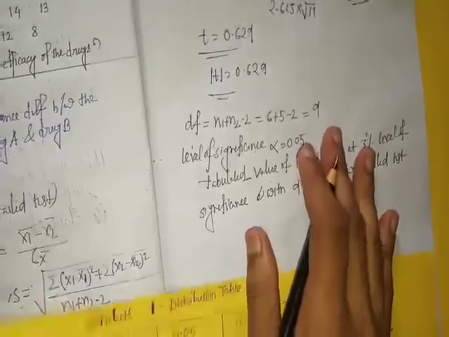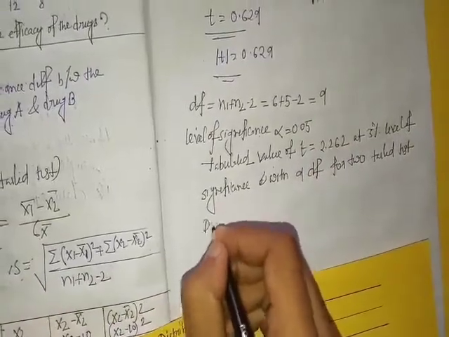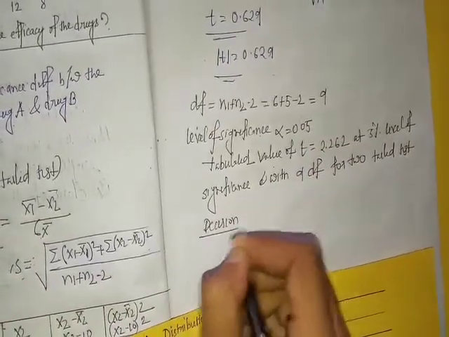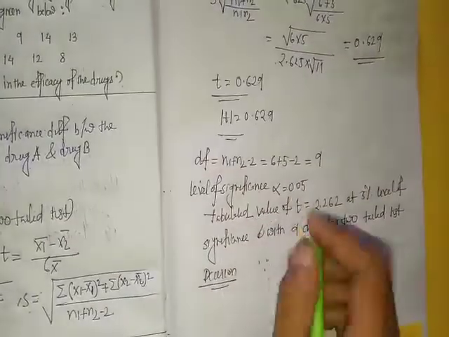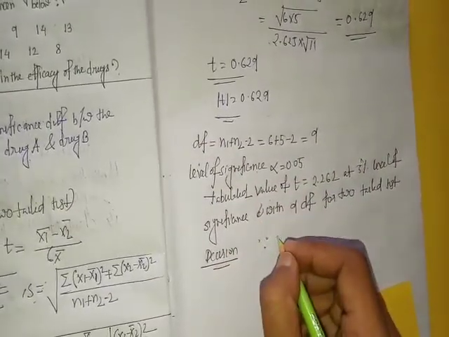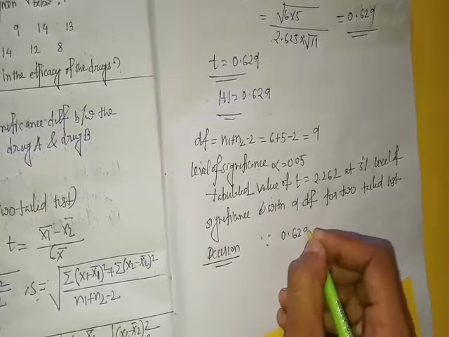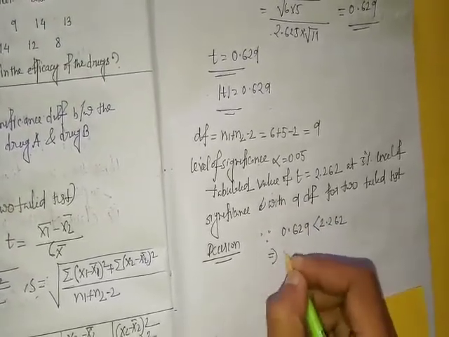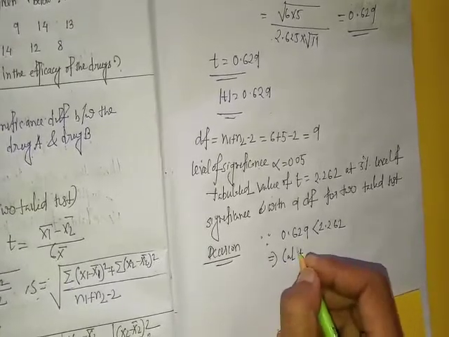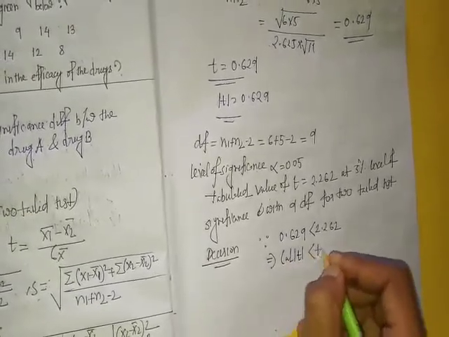Next, decision. This is the calculated value of t, and this is the tabulated value of t. Since 0.629 is less than 2.262, calculated t is less than tabulated t.